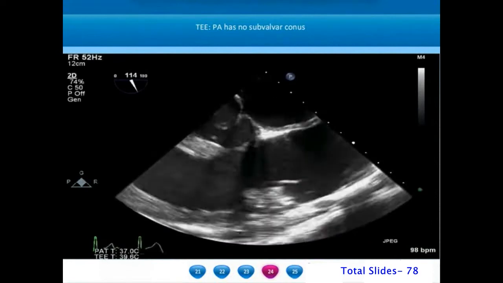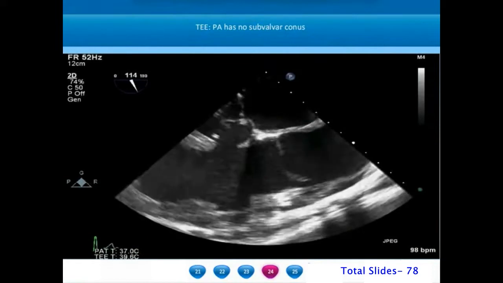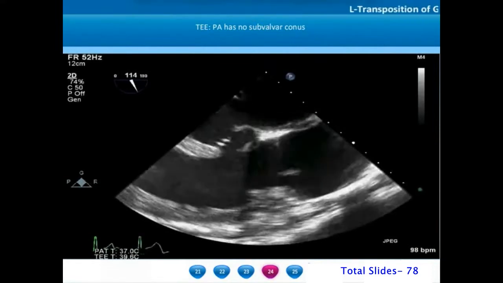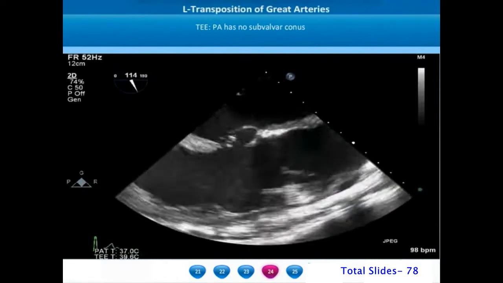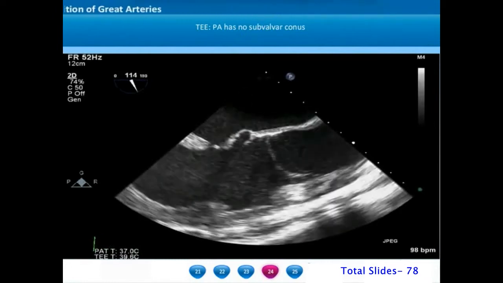On a transesophageal echocardiogram, we can notice that the pulmonary valve is in very close relation to the atrioventricular valve, and a well-formed subpulmonary infundibulum is absent, since the pulmonary artery is arising from the morphological left ventricle.